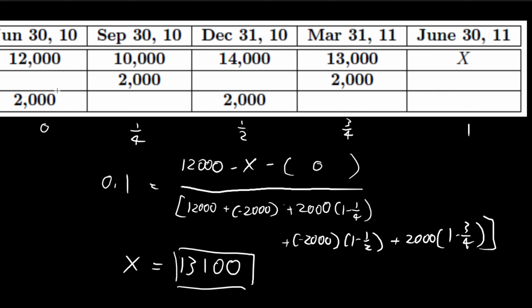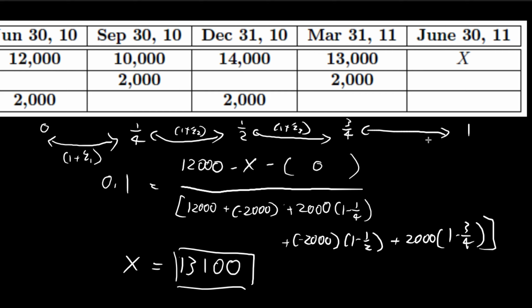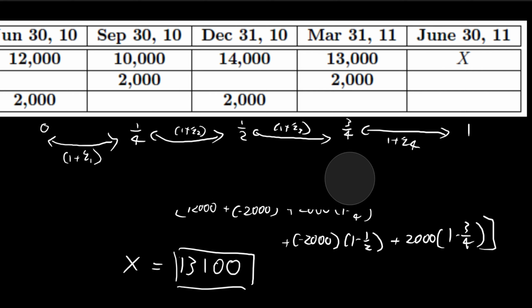Using this result, now we can find the time-weighted rate of return. Recall that time-weighted rate of return essentially treats each sub-period separately. So this is 1 plus I1, this period here is 1 plus I2, this period is 1 plus I3, and this period is 1 plus I4. I1, I2, I3, I4 is just notation that I'm using.